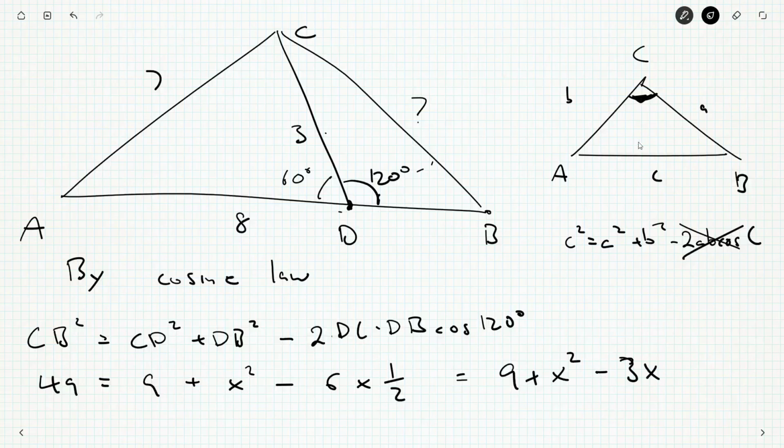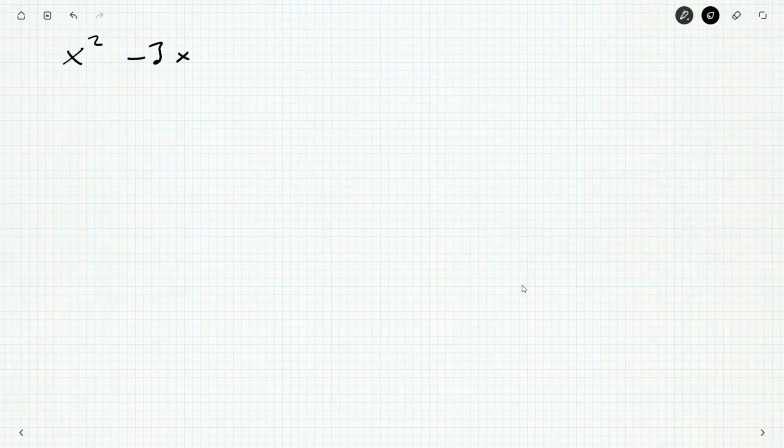We'll bring the 49 over to the other side, and we get x squared minus 3x. 9 minus 49 is minus 40, so all this has to be equal to 0.